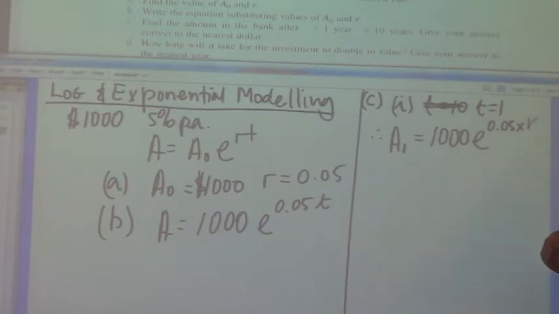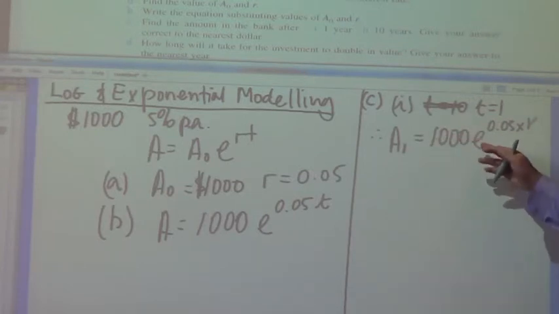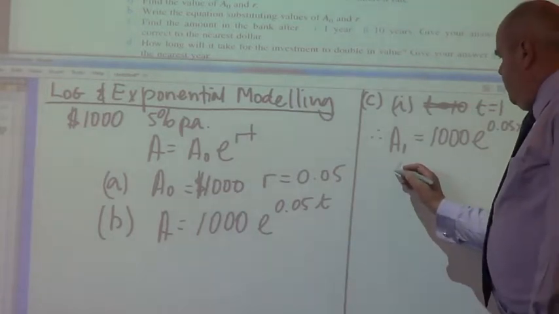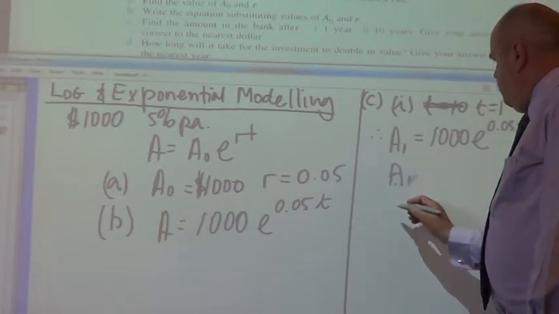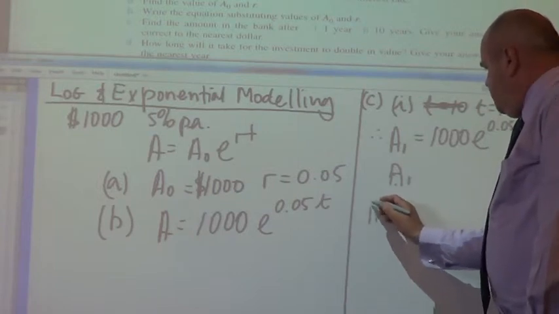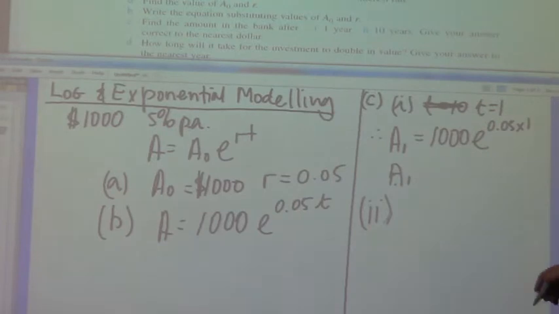So to my calculator, I would key in 1,000 times e to the power of 0.05, and I'd appreciate it if someone could do that now. Whilst I'm getting that number from some kind person, I will have a go at the second part. All that's requiring us to do is substitute 10 in place of t.